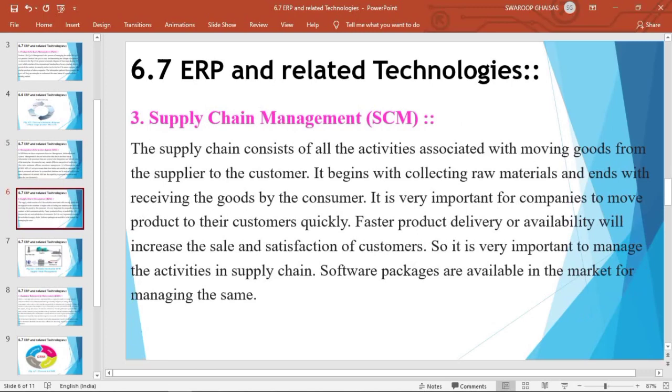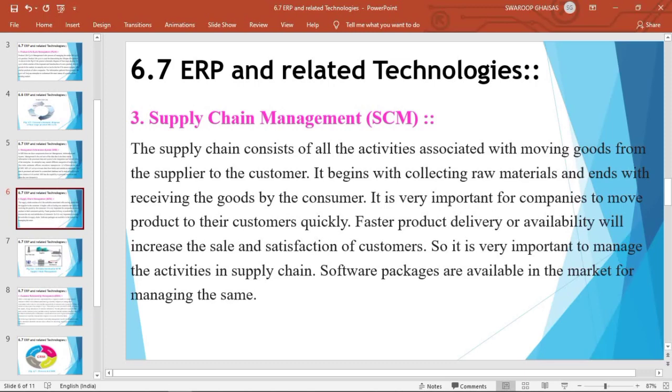Next, the third one is supply chain management, that is SCM. The supply chain consists of all the activities associated with moving goods from supplier to customer. That is, your enterprise is manufacturing some products, and those products are delivered to the customer. This process is managed by supply chain management.